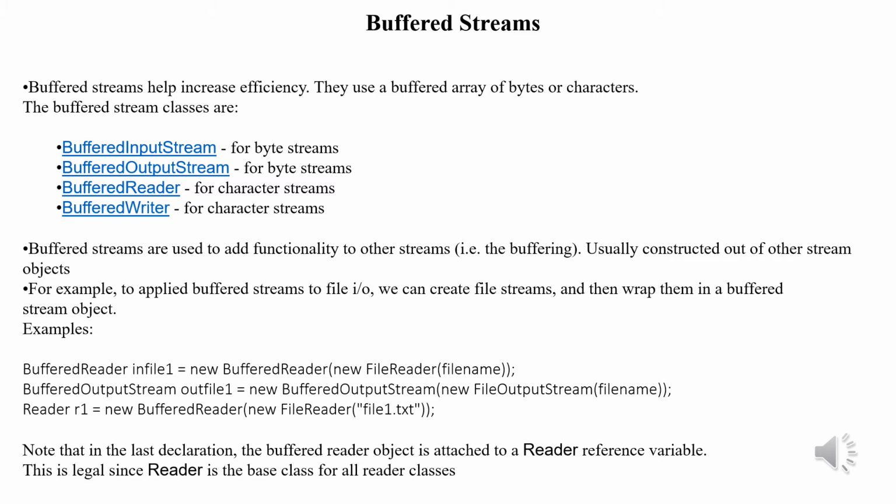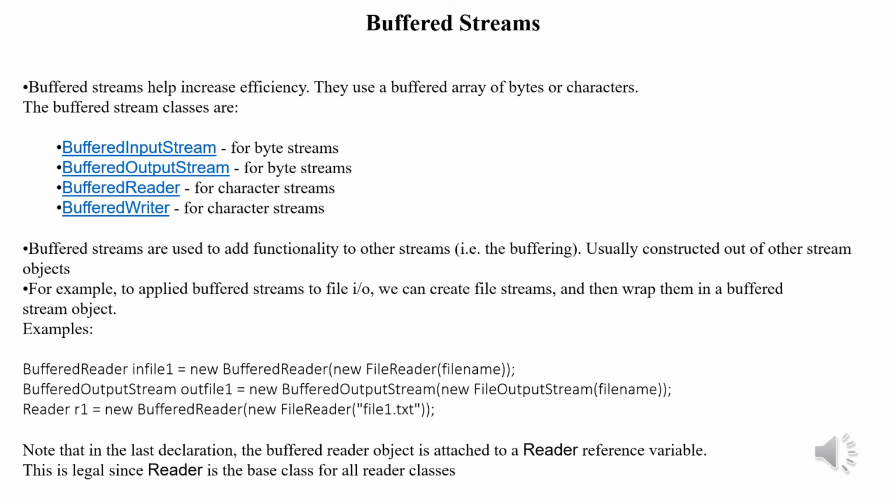So first, we have created a file stream by new file reader, and then in the first line we have inserted this file stream as the input argument for buffered reader. So now we have created a new object of the class buffered reader, right?